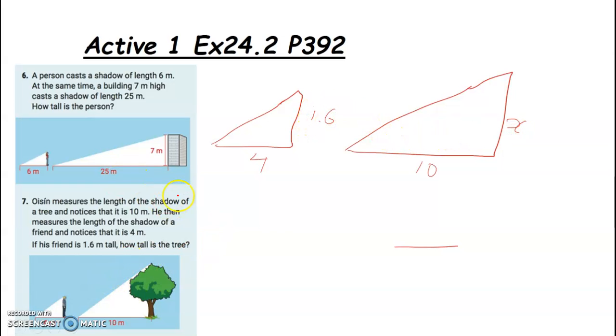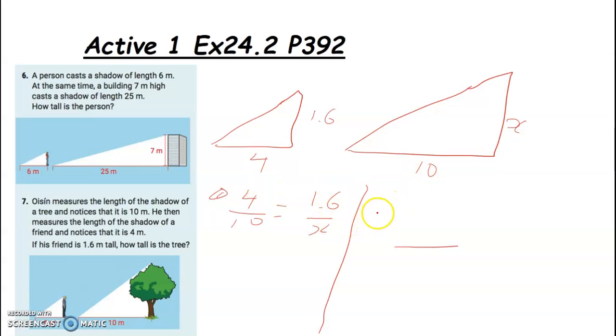So this ratio of 4 is to 10. The first part is 4 over 10 is equal to the ratio of 1.6 over x. Now, I'm going to show you a different method as well. That's a little awkward because x is on the bottom of the line. It can be done, but it's actually easier if you look at the ratios the other way around.